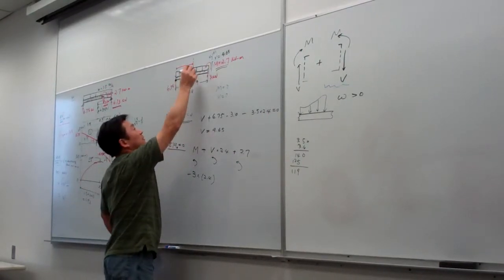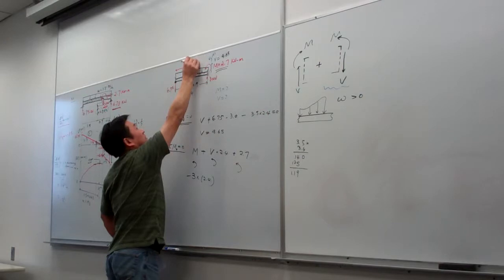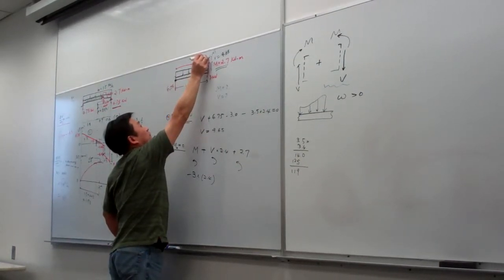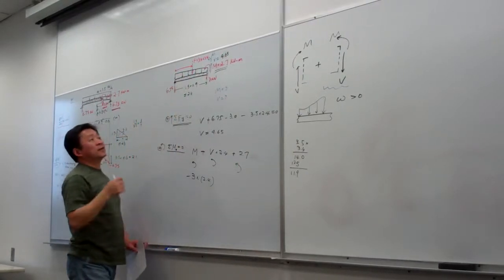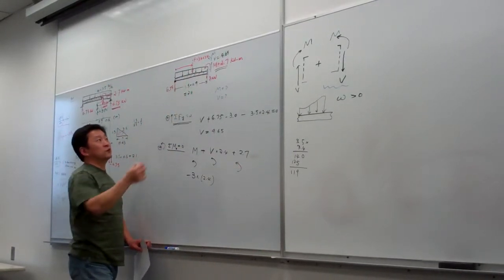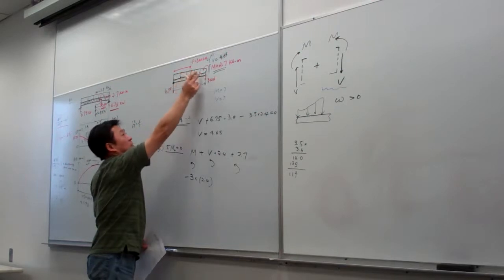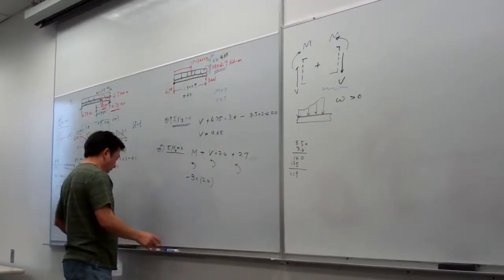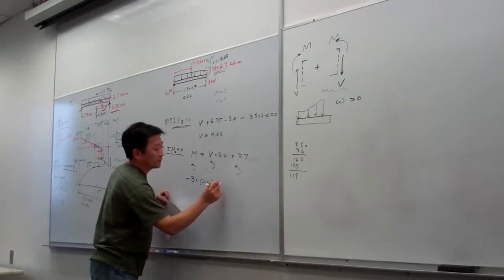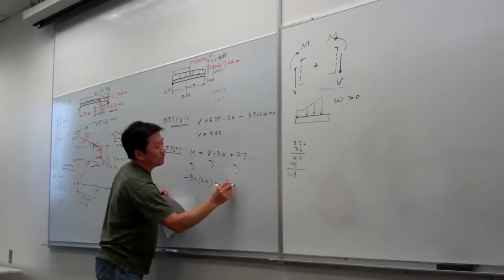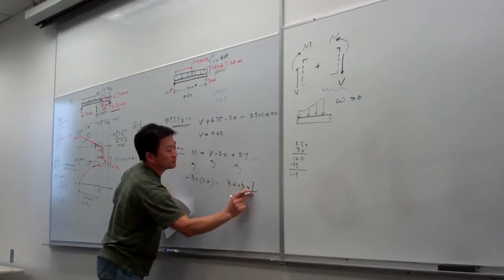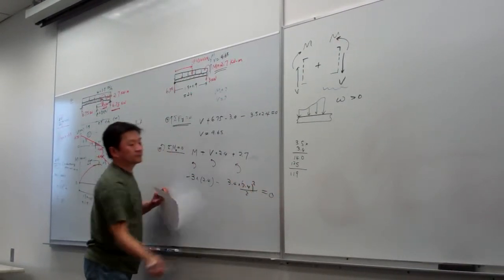For this case, this force equals 3.5 times 2.4. That is the equivalent force representing the concentrated loading applied in this range. So the final one is 3.4 times 2.4 squared divided by 2.